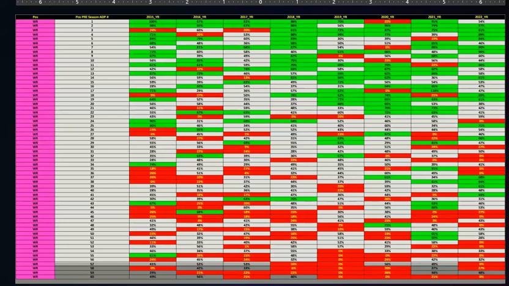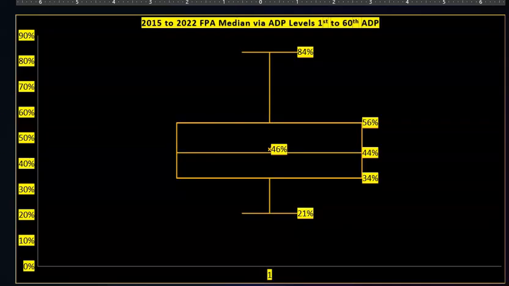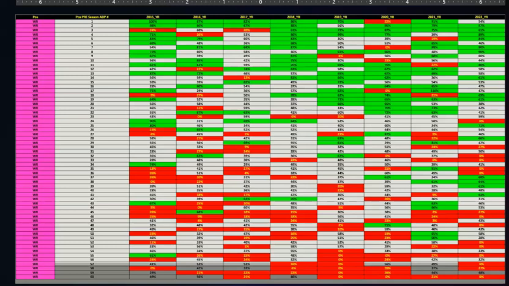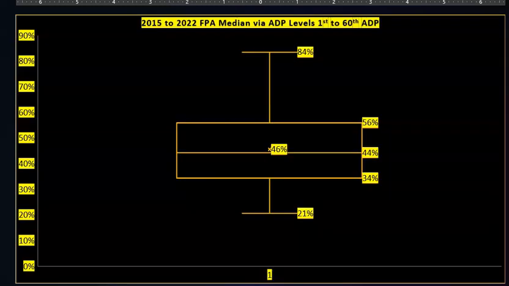In the previous lesson, I had the median data for each ADP point, the 8-year median. And if you turn that into the old box and whisker, we can see that the top whisker's at 84, the bottom is at 21.